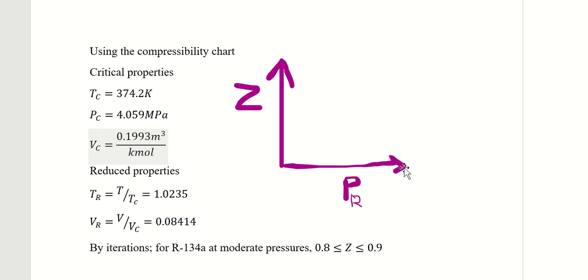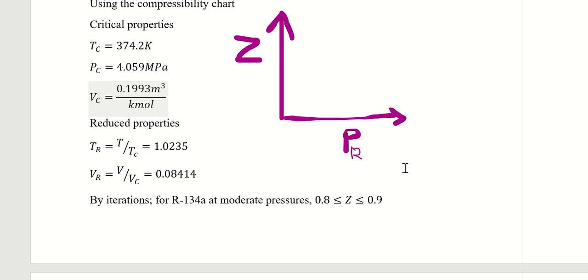So we already know for refrigerant 134A, at moderate pressures, the compressibility factor is going to lie between 0.8 and 0.9, where 0.8 is not equal to Z is not equal to 0.9. We should know that it's like a rule for this question. And you state it, you'd say by iterations, and then you put it.